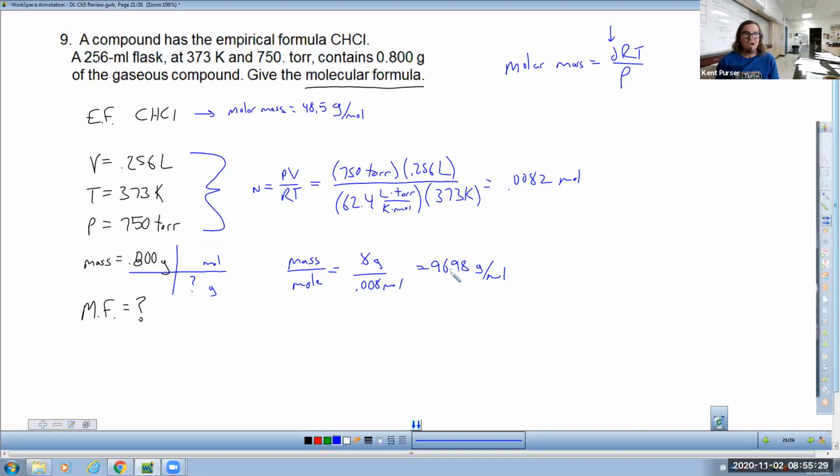If this has a mass of 96.98 and the empirical formula has a mass of 48.5, sounds like the multiplier is a 2. So it sounds to me like we can say C2H2Cl2. Aha. Empirical and molecular formulas, gas laws, good stuff.